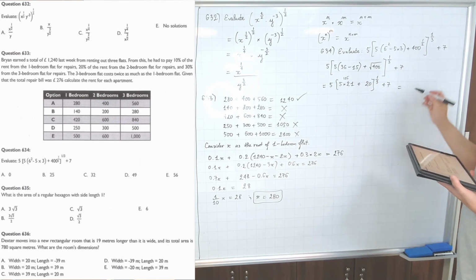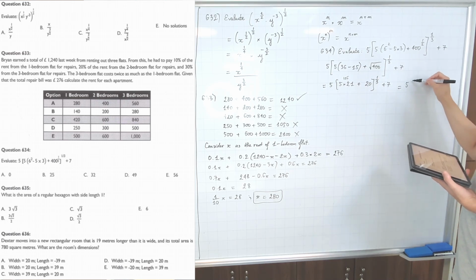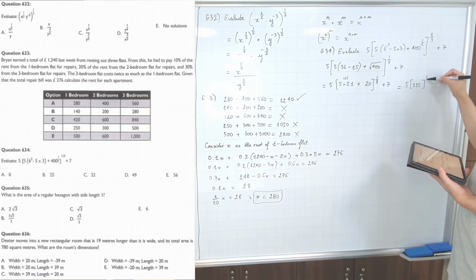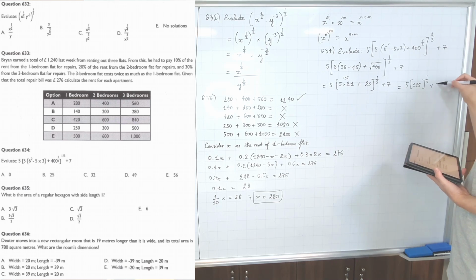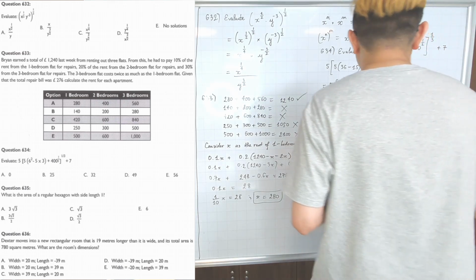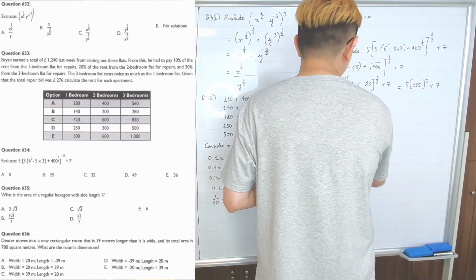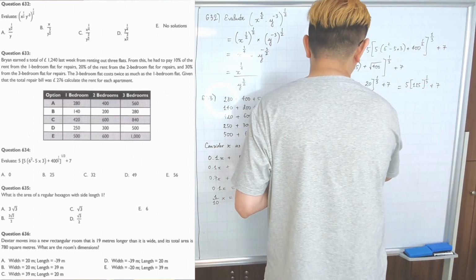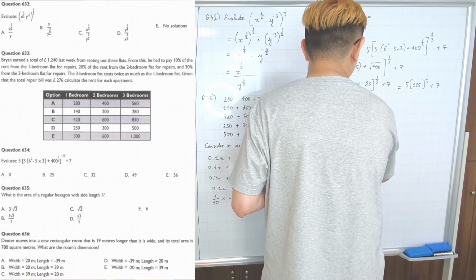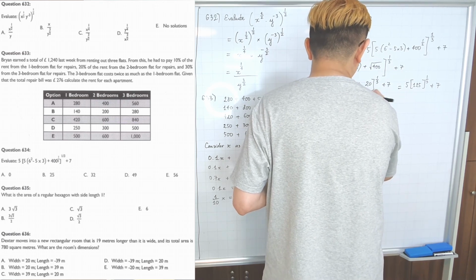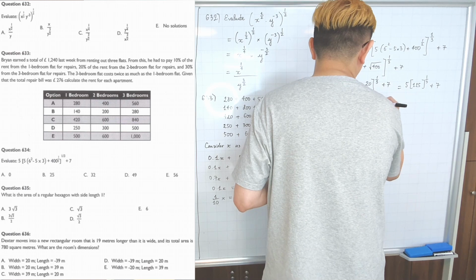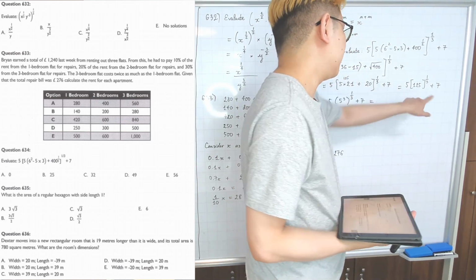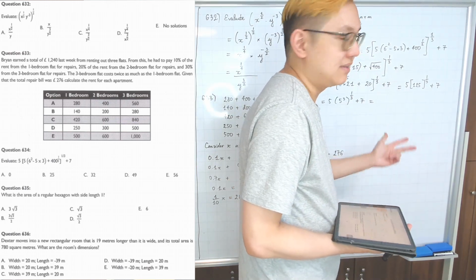105 plus 20 is going to be 125. You know that 125 is actually 5 times 5 times 5, right?